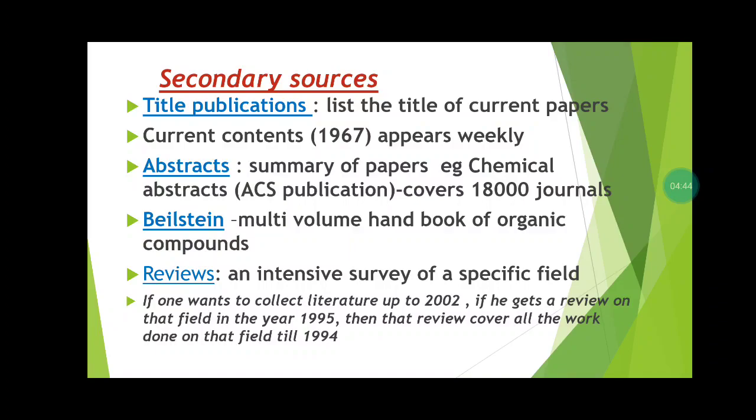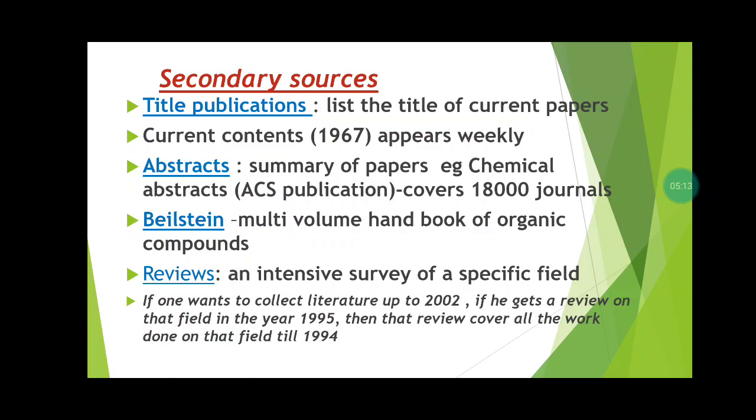These publications list the titles of current papers, and this is useful for the chemist to read only the papers relevant to his work. Current Contents is a title publication. It started in the year 1967 and it appears weekly.